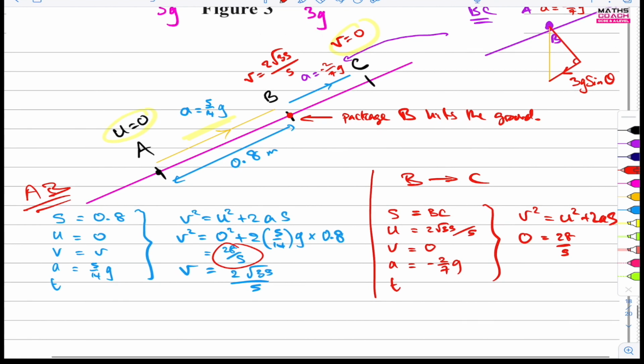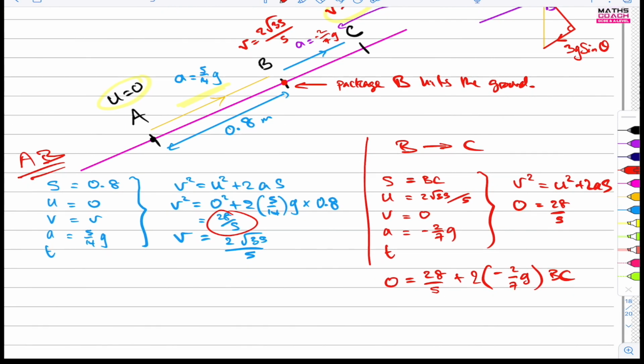Let me just write this down below. So 0 equals 28 over 5 plus 2 times minus 2 over 7g times s, which is the distance BC we want to work out.